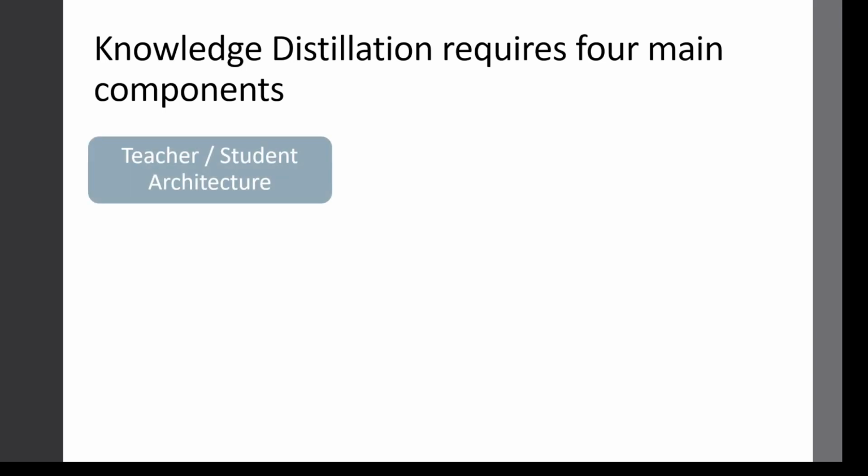So knowledge distillation requires four main components. The first component is a student-teacher architecture. And what this means is we have a teacher model and a student model. The teacher model is typically pre-trained on a large general-purpose corpus. So we're talking about models like GPT or Gemini or the BERT model, specifically for natural language processing.